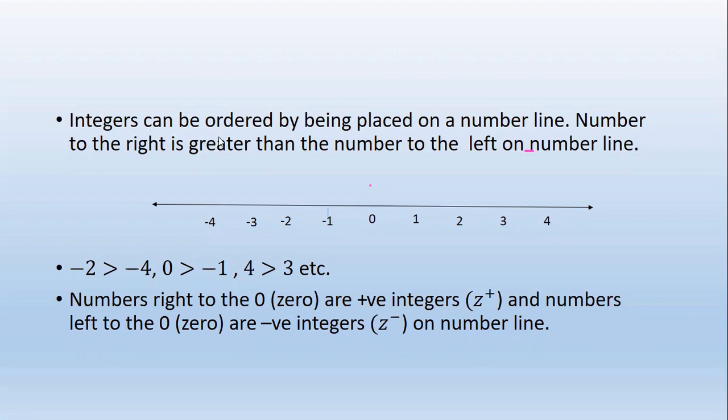Integers can be ordered by being placed on a number line. We can plot integers on a number line as shown in the figure. Here, we can plot all integers on this number line.